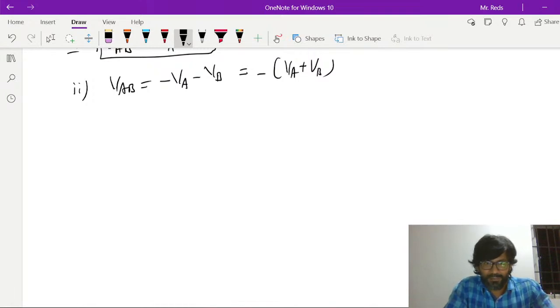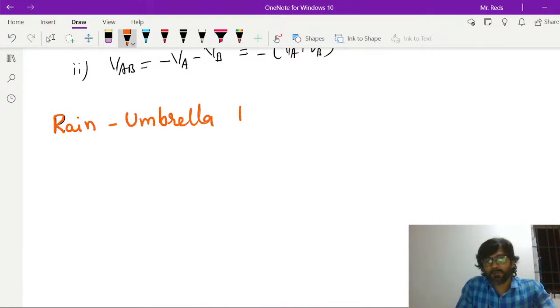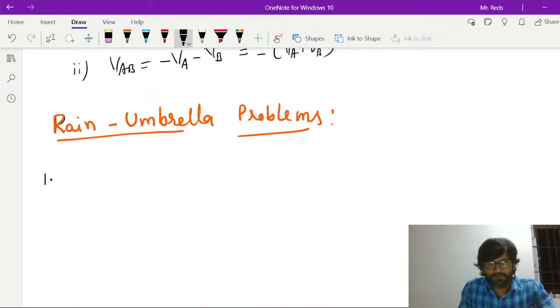First we'll consider the rain umbrella problems. What are rain umbrella problems? Let us try to understand this with the help of some examples.